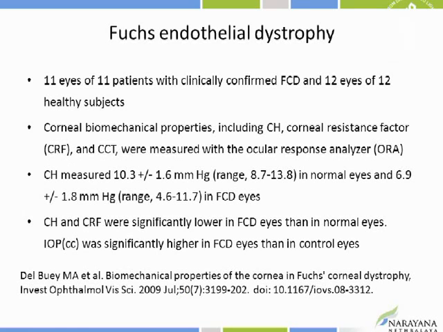Main reason not known, most probable cause is the corneal thinning that's associated with that, especially the macular dystrophy. In Fuchs, again, the normal, which is supposed to be 10.3, here it's reduced to 6.9. So, why is it reduced? No answers yet. We need to find out. But compared to normal eyes, the Fuchs dystrophy patients do have reduced corneal hysteresis and resistance factor.